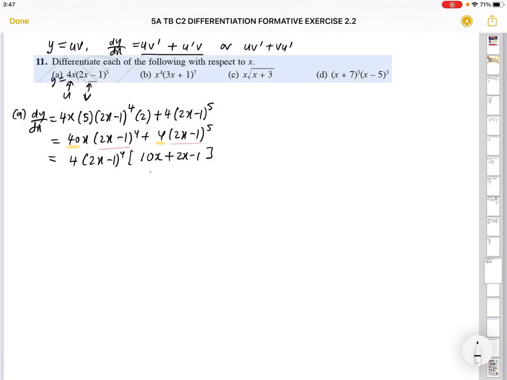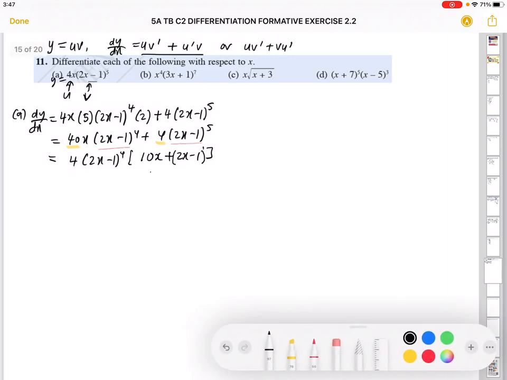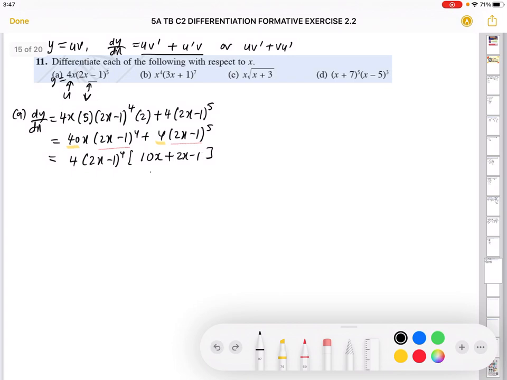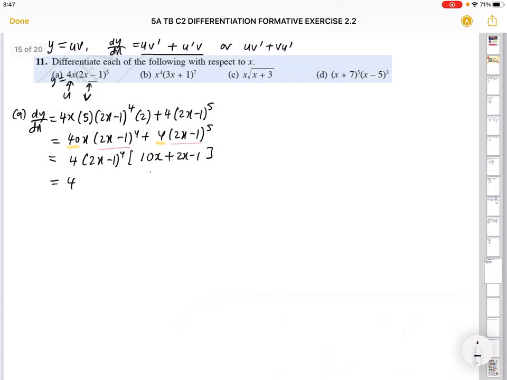Now, I don't have to put a bracket power 1, but if you want, I can. It's the same thing. Whether you write the bracket or not, it doesn't matter because it's power 1. So now you're left with 4(2x minus 1) power 4 times (12x minus 1). There you go. I hope this is not too difficult.